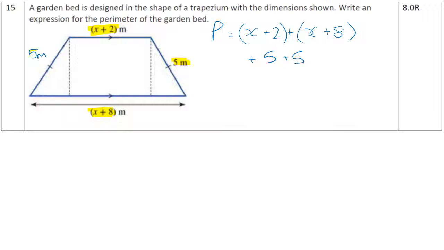Then when I simplify this, x plus x is 2x, and 2 plus 8 plus 5 plus 5 is 20. So I end up with 2x plus 20. That was all I was looking for there: just seeing that you understand the idea of perimeter, but that you can express it without always needing to find a number, by creating an algebraic expression.